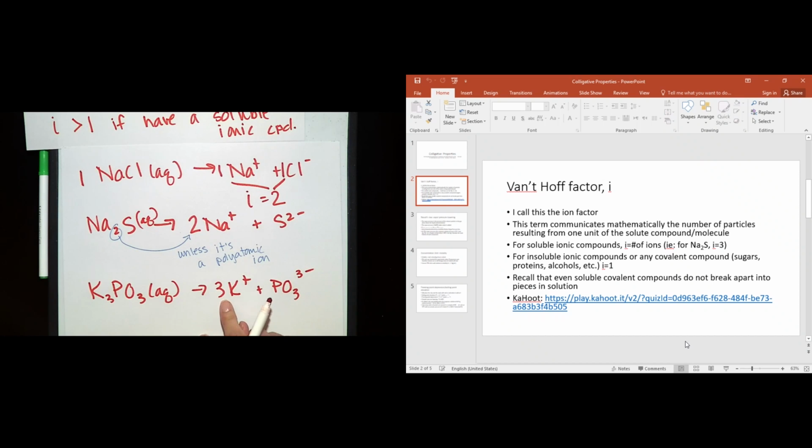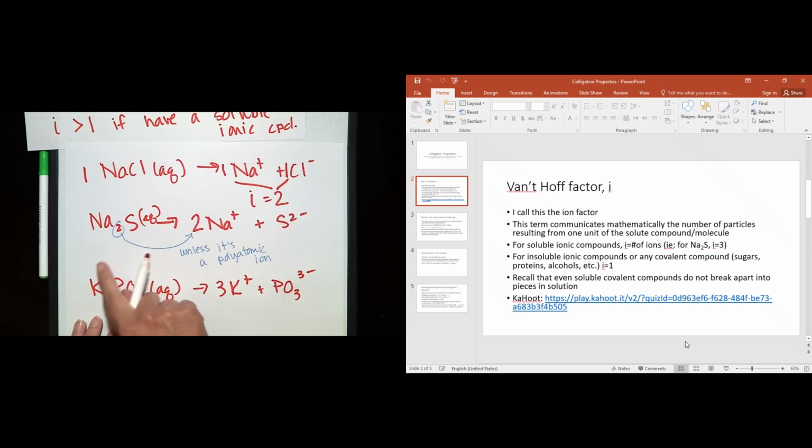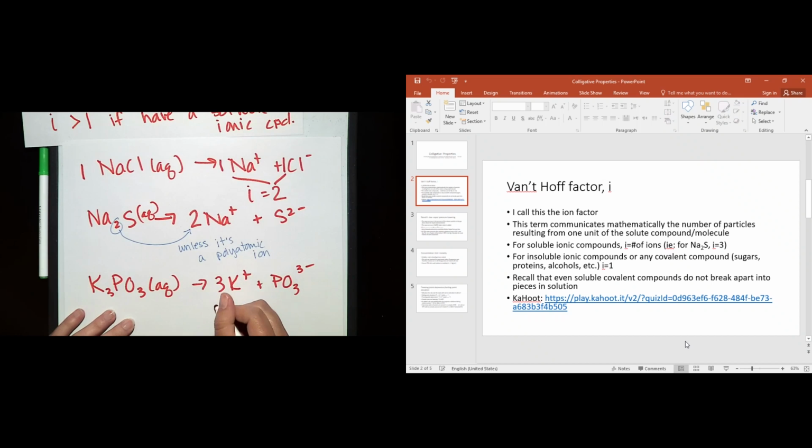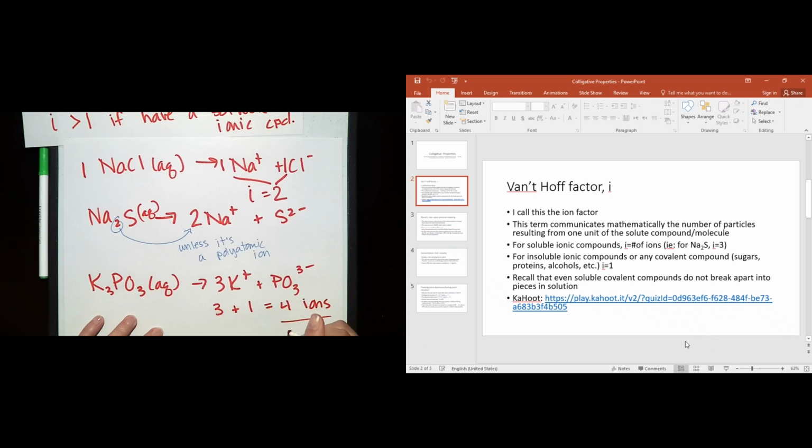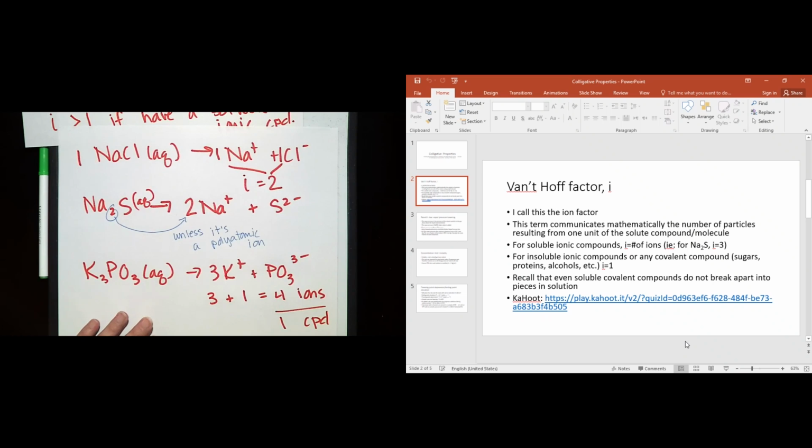That's why we need 3 positive potassium ions, because K is just a +1, and the charges have to add up to 0. I know that because there's no charge here. This itself is a neutral ionic compound. So this means I have 3 potassium ions plus 1 phosphite, so I have 4 ions for every 1 CPD, which is my shorthand for compound. So that means i equals 4.